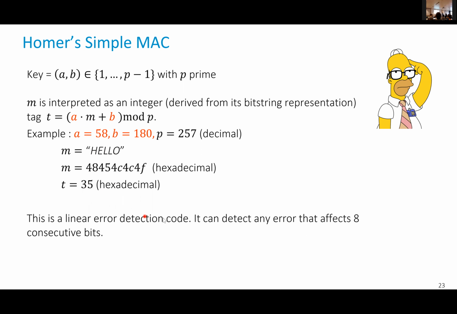It is used for detection, because we know that if you send this message and there is a bit error somewhere that has transformed up to 8 consecutive bits, then the tag and the message will not correspond anymore.